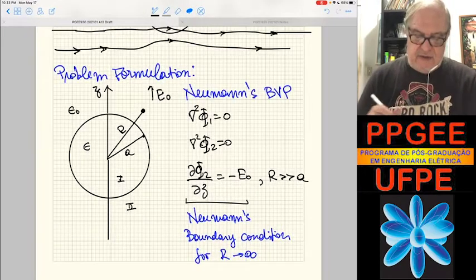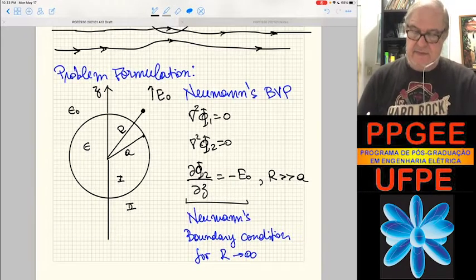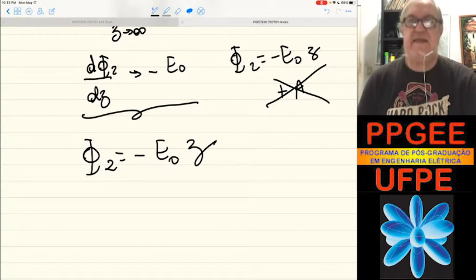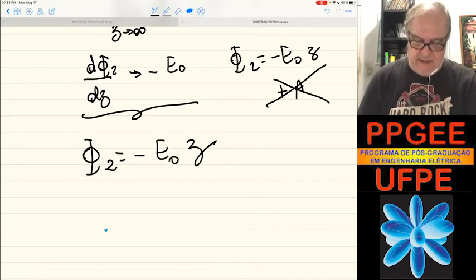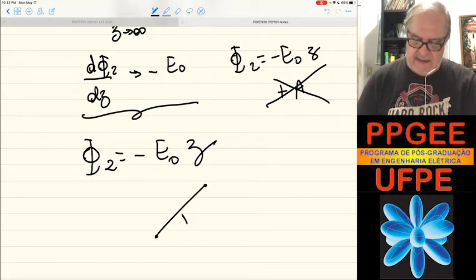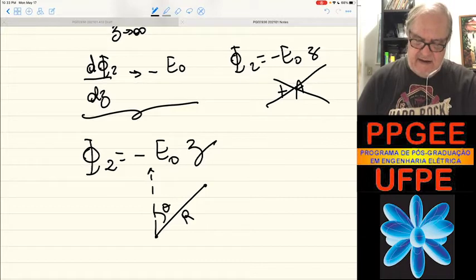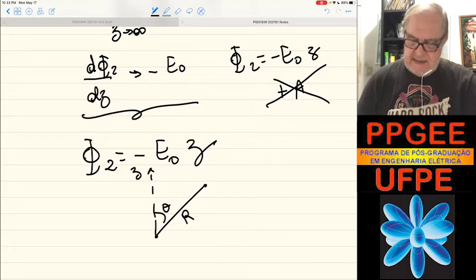So notice also that in spherical coordinates, at a distance r and at an angle theta from the z-axis, z equals r cosine theta.